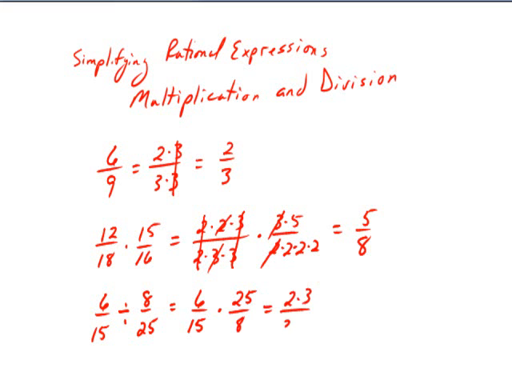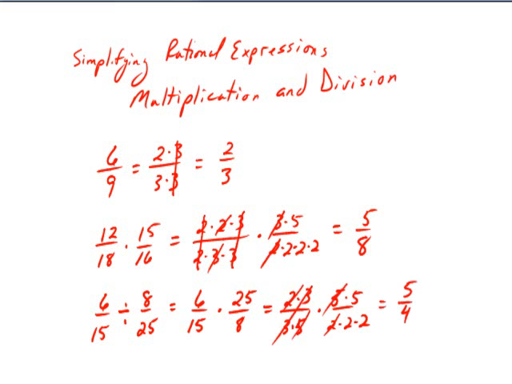If I prime factor each one of these values again, divide numerator and denominator by 2, divide by 3, divide by 5, I end up with 5/4.